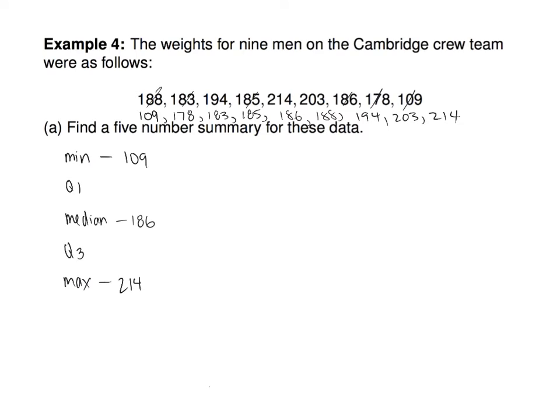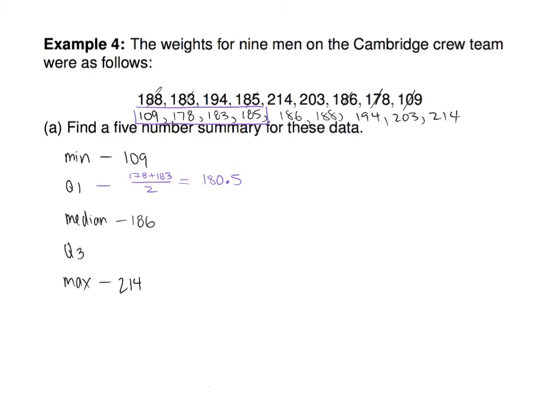Now we don't use that median in finding quartile 1 and quartile 3. To find quartile 1, you look at the lower part of the data and find the median of that. There are 2 middles there, 178 and 183, so quartile 1 is an average of those: 178 plus 183 over 2, which gives us 180.5.